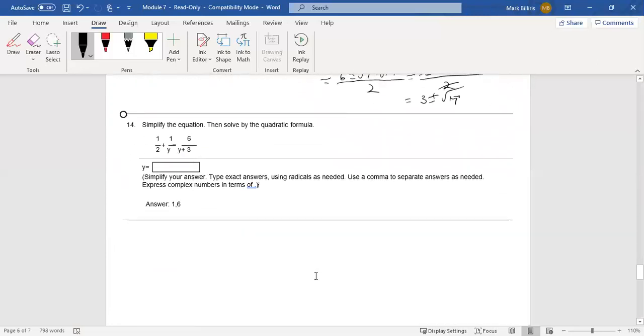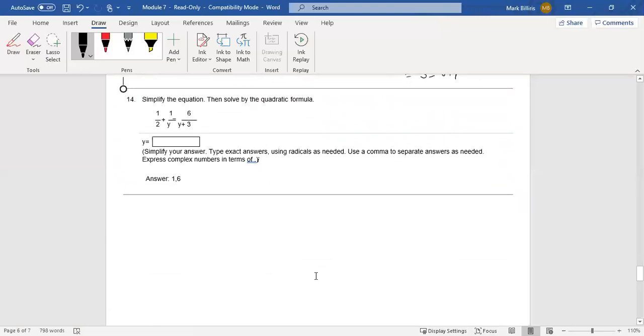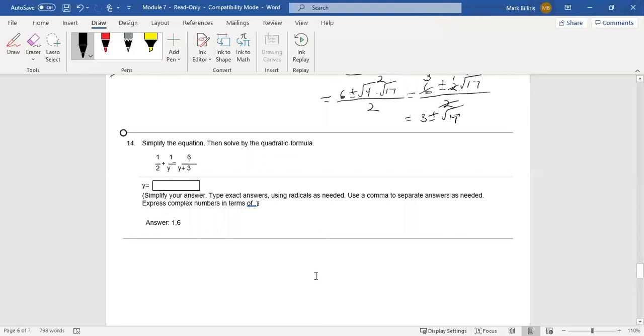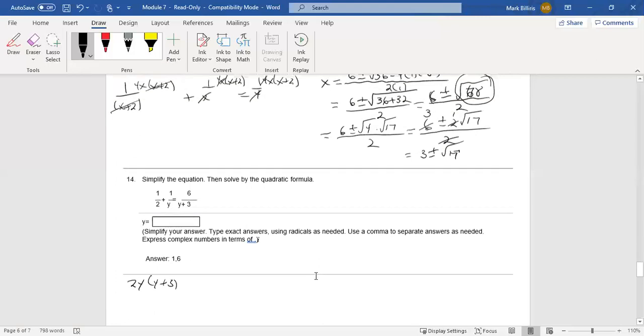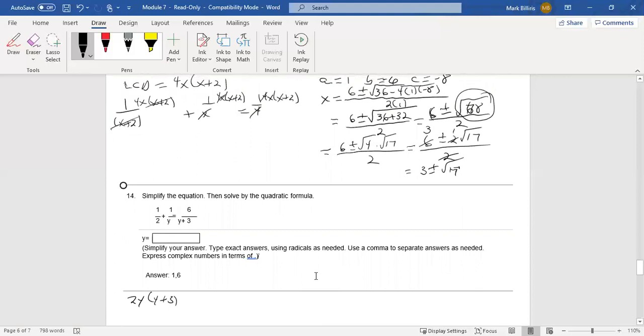Our next example is exactly the same. So what we're dealing with is fractions in an equation. So we're going to find the LCD. So the LCD in this case is going to be 2y times y plus 3. So we're going to multiply each one of those terms by our common denominator.